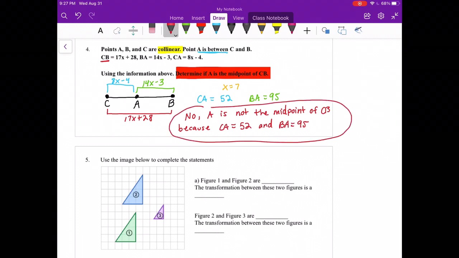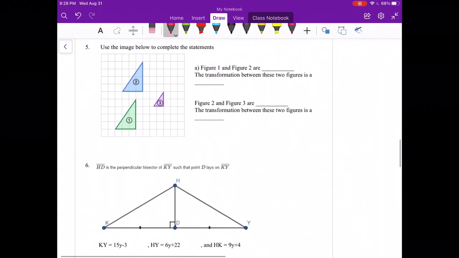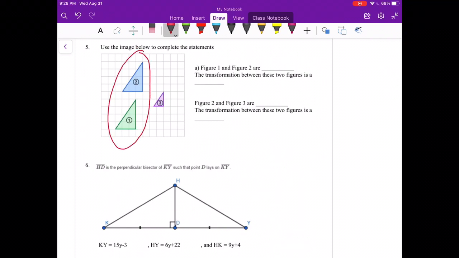So let's move on to question number 5 now. Question number 5 wants us to fill in the blanks to complete the statements about the graph that we see on the left-hand side. If we read the first statement, it says figure 1 and 2 are blank. Well, figure 1 and 2 are exactly the same, which means that they must be congruent.